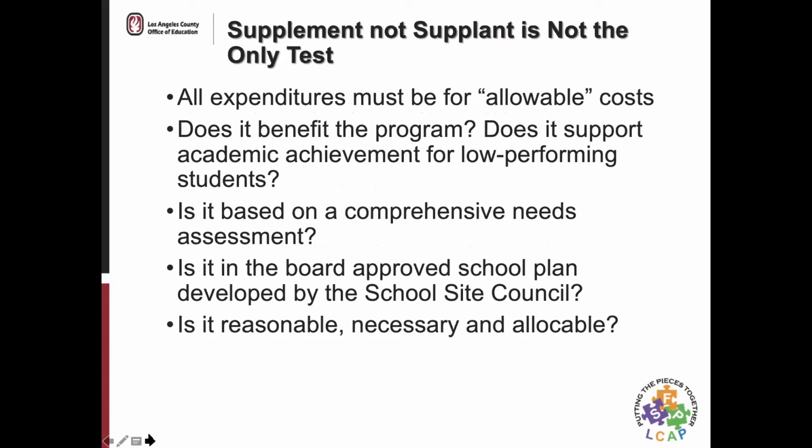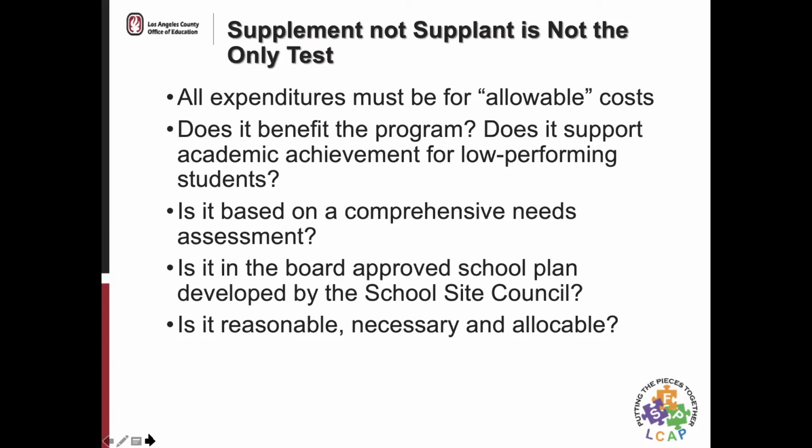Having said that, the reminder we've gotten continually from the U.S. Department is that supplement, not supplant, is not the only test for allowability for Title I. We've relied on supplement, not supplant for probably 50 years since Title I's been around, and we say, oh, it's supplanting, and then we stop there. It's not the only test.